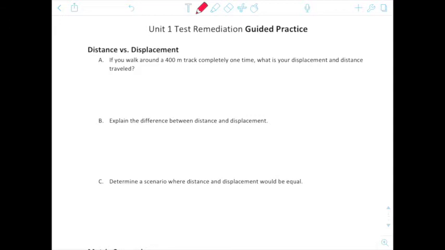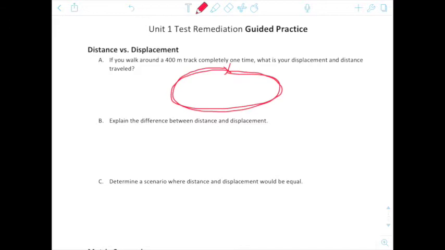If we have a track, we start right here, we go all the way around, we finish right here. Displacement is the distance between the beginning and end, so the displacement would be 0 because you started and finished in the same spot, but the distance you traveled is the whole length of the track, which is 400 meters.